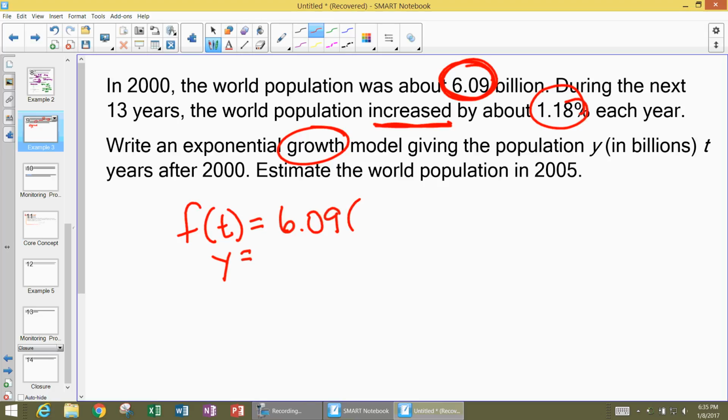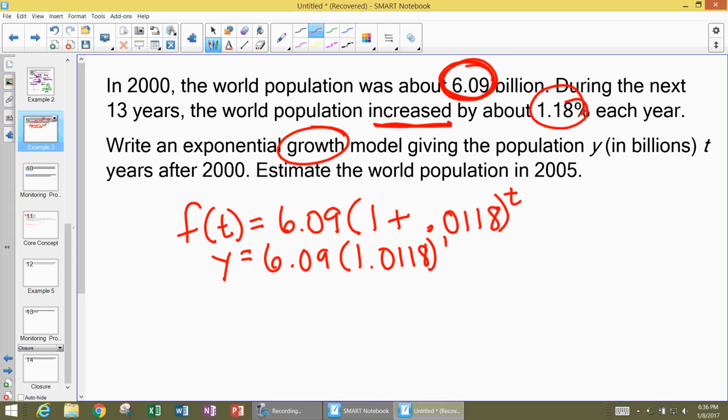And it is increasing, so we're going to want to do 1 plus 0.0118 to the t power, and t for years. So we could have 6.09 times 1.0118 to the t power. Now I want you to notice that I changed that percent into a decimal. So I had to move the decimal over 2 spots, and that's how I got the 0.0 there.